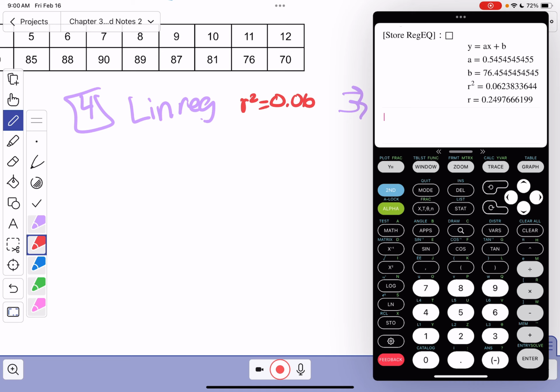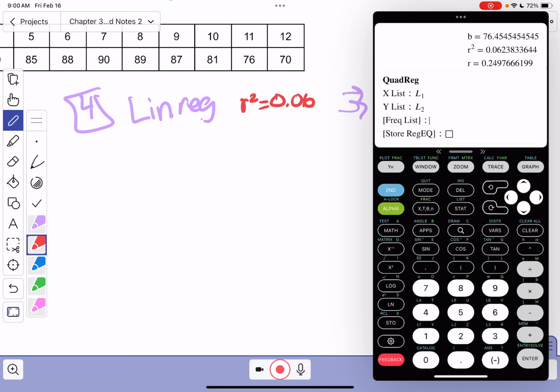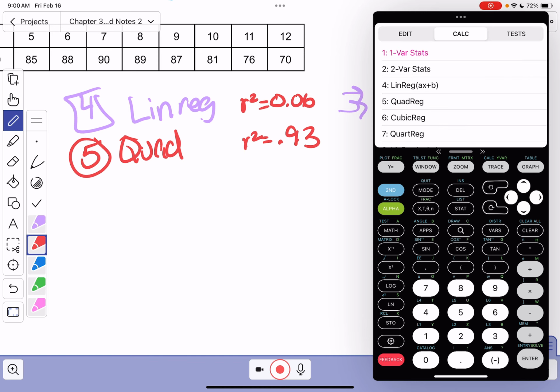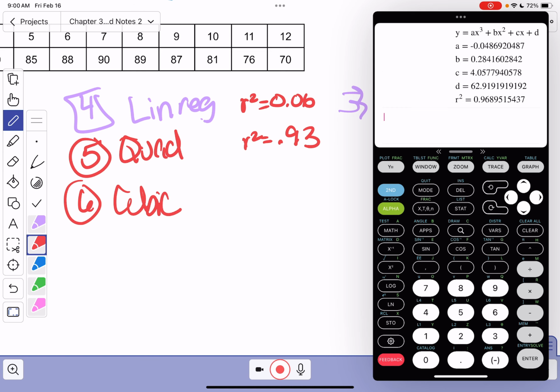So let's try again. Stat, over to Calc, we'll choose number 5, the quadratic reg. And if I do that, I get an R squared of 0.93. If I do it again, Stat, Calc 6, and I do cubic, I get an R squared of 0.97.